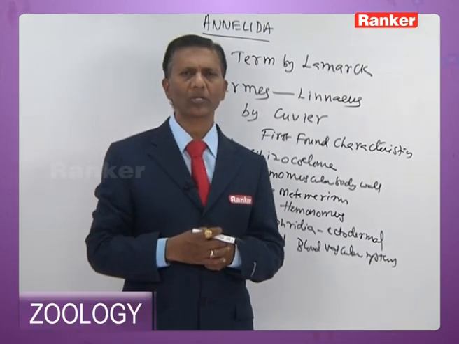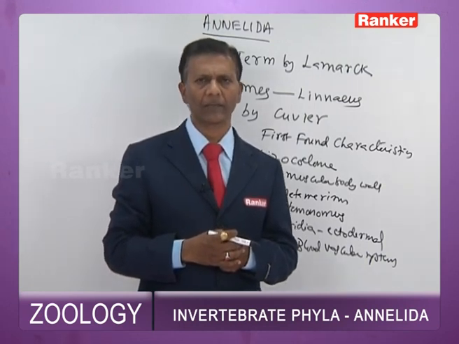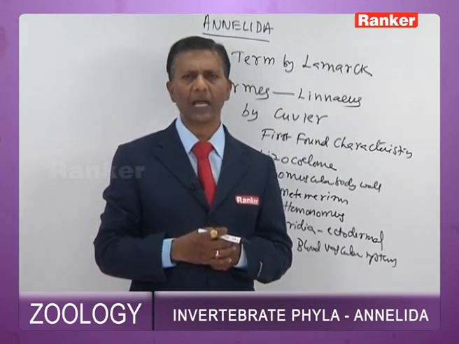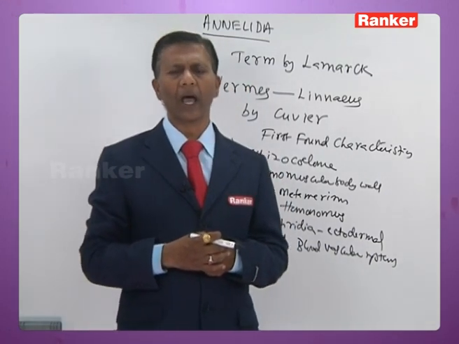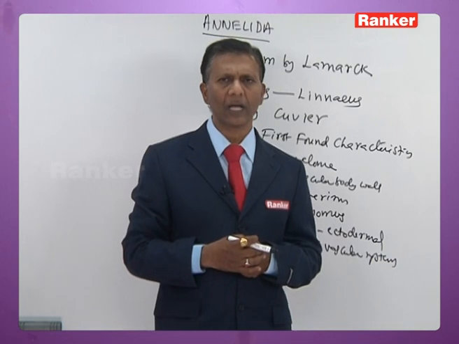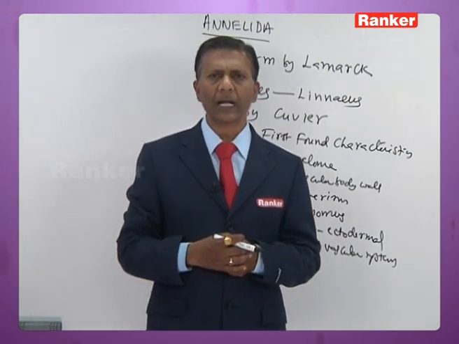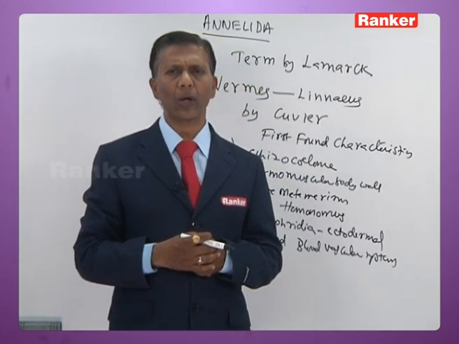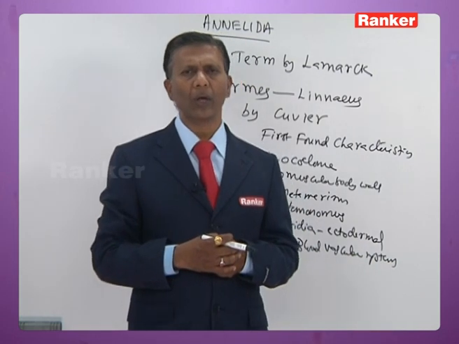Annelid locomotion takes place by parapodia, suckers and setae. Fertilization may be external or internal. Sexes are separate or united, maybe with or without gonoducts. The characteristic larva of annelids is called trochophore.